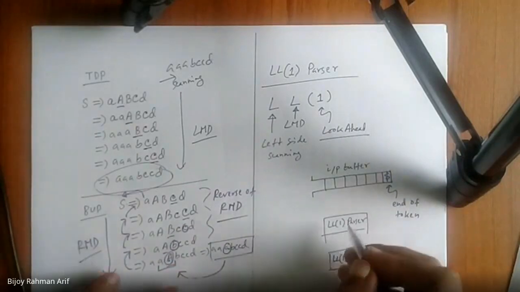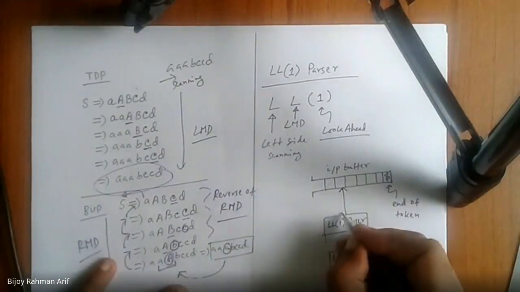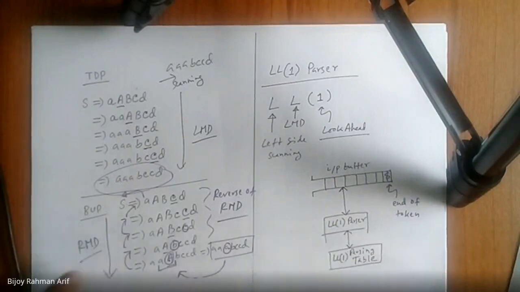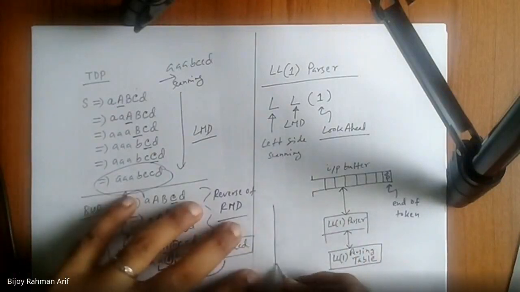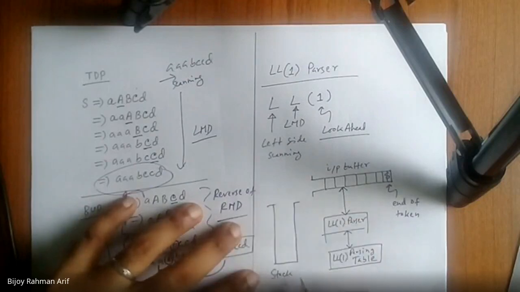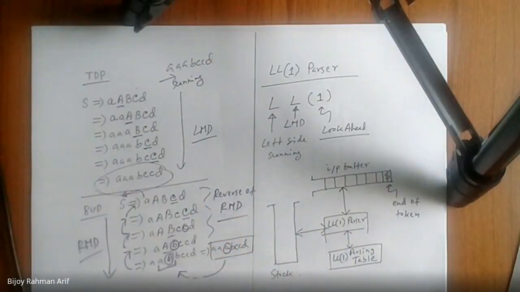The LL1 parser takes help from the input-output buffer and from the LL1 parsing table. And there is another helping hand, because this is a pushdown automaton, that is nothing but a stack. So it is also taking help from a stack. This is the schematic diagram of the LL1 parser.